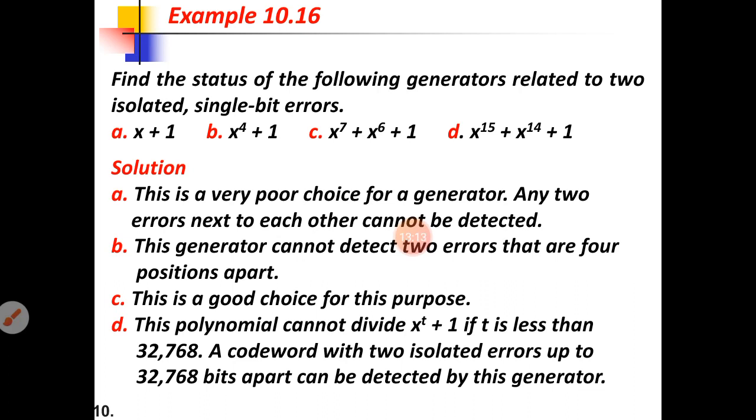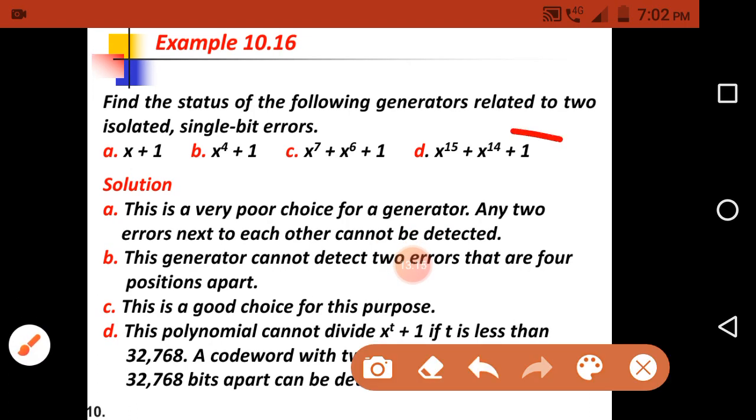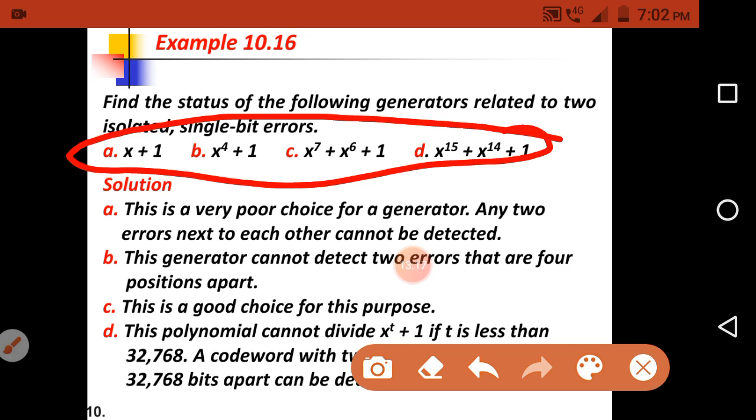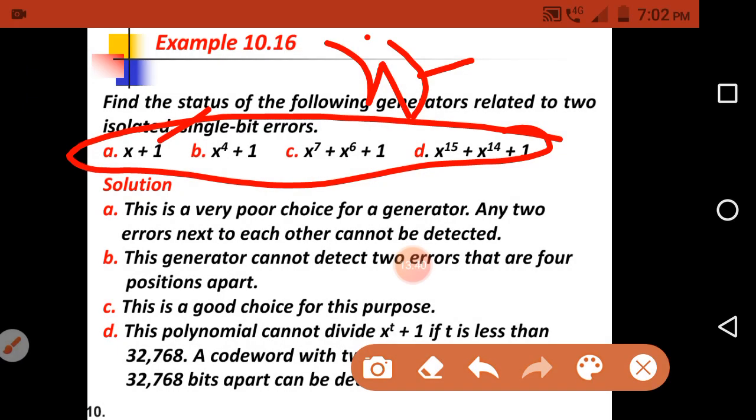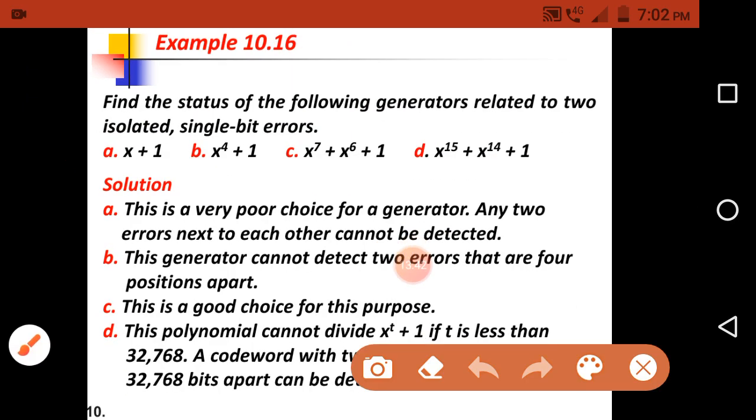So this is the example they have given here. They have given generators, and you can find which generator provides the guarantee that it will detect two single bit errors. The first one is x plus 1. Can it detect two single bit errors?